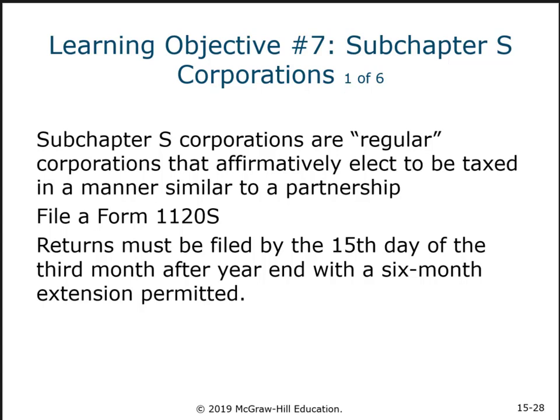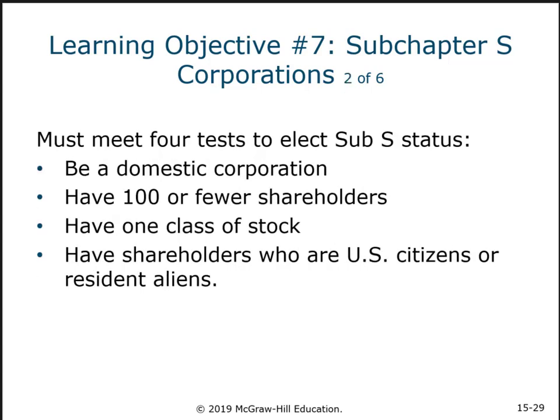You have to tell the IRS you want to be an S corporation by filing a 2553. It has to be signed by every stockholder, and once that's approved, you file the 1120S. That's due on the 15th day of the third month. 1120s are due the 15th day of the fourth month. 1120S, third month. A 6-month extension is permitted.